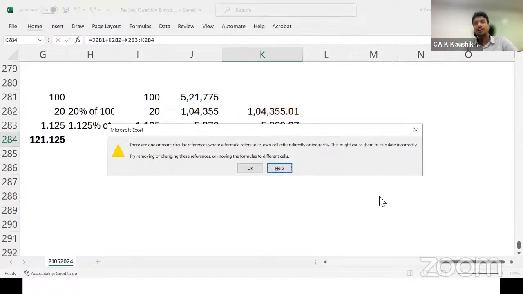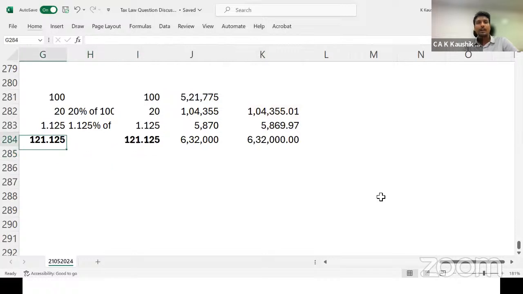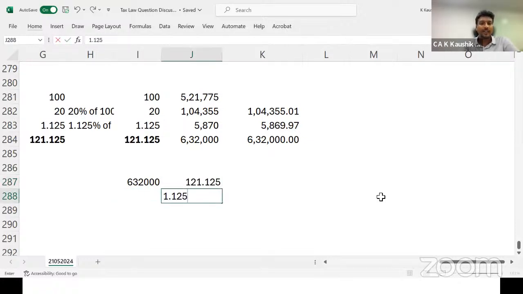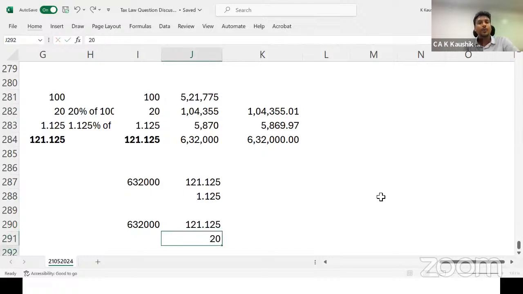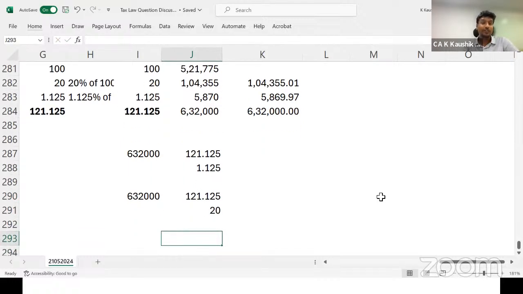So here, a little math that you need to know, then you will be in a better position to solve this. Understand this mechanism. If 6,32,000 is 121.125, what is 1.125? Cross multiplication will give you the answer. If 6,32,000 is 121.125, what is 20? That will give you the freight value.